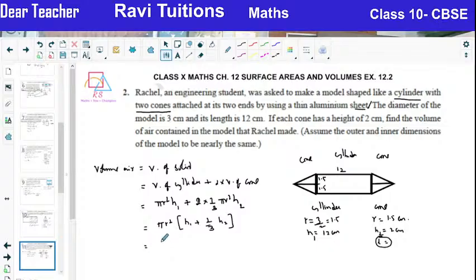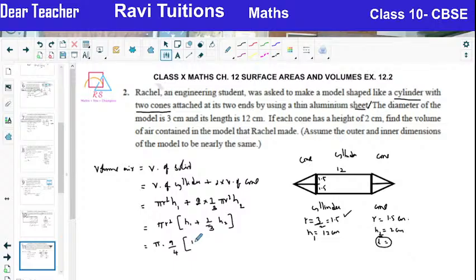Now substitute the values. Pi I am keeping as it is, I am not writing the value. Pi into r square is 3 by 2 whole square. I will write either 3 by 2 or 1.5. So then 3 by 2 squared is 9 by 4.